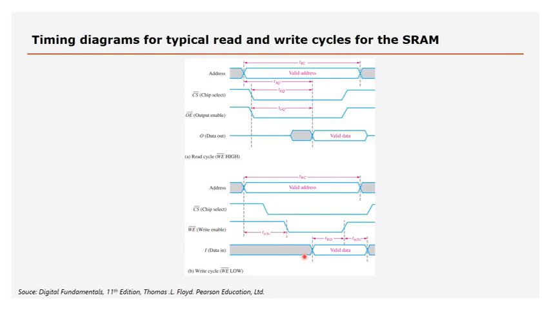This is the valid data which I place on the data bus. I would normally prefer to put the data on the bus right in the beginning, but there are certain time frames you have to wait, and at some point the data will be written and stored in your device.